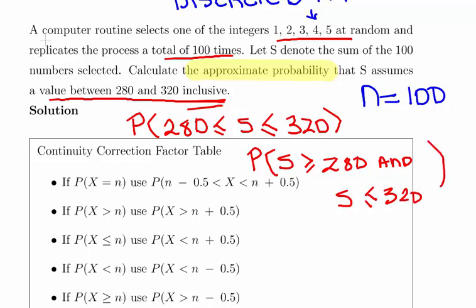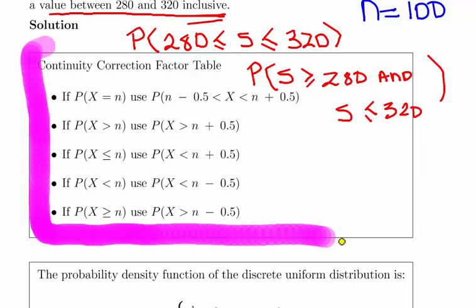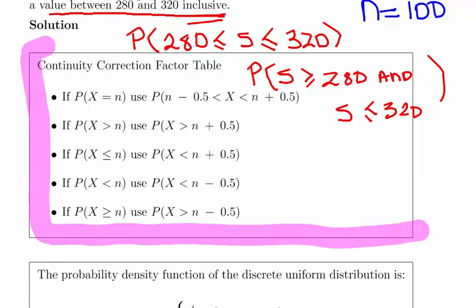Sorry, what I'm getting at there is it's very important to know these correction factors and what to do in both cases. So we have S greater than or equal to 280, and S less than or equal to 320.